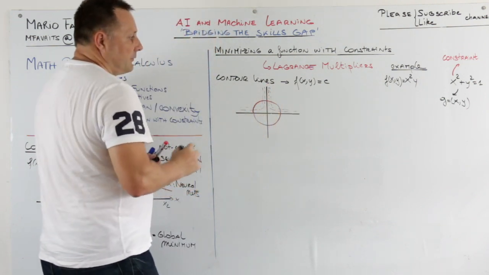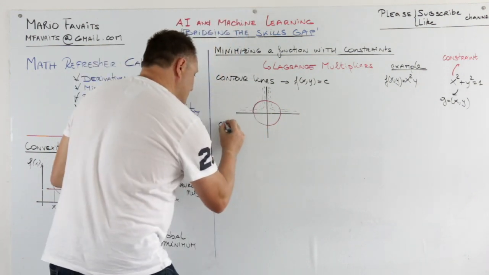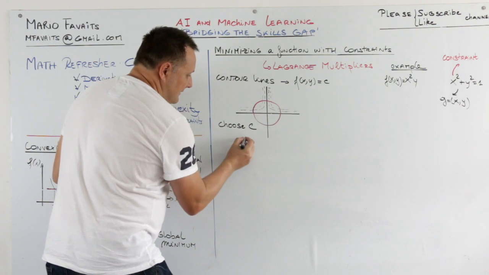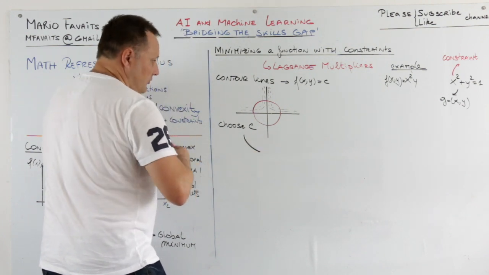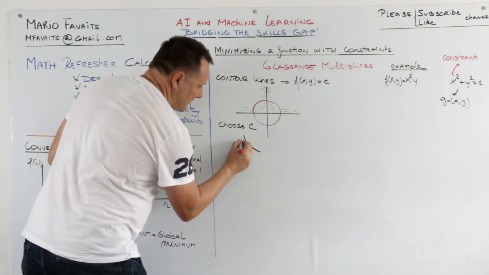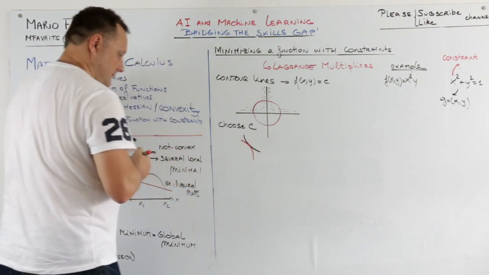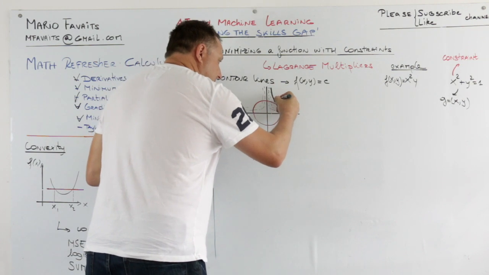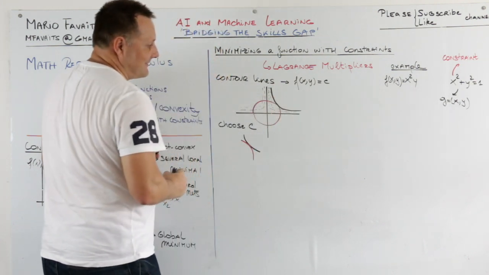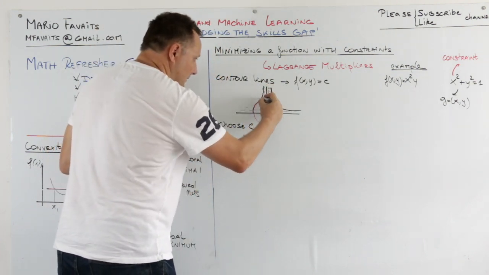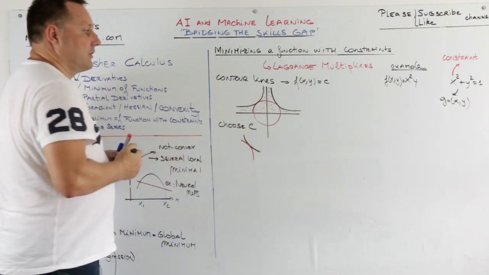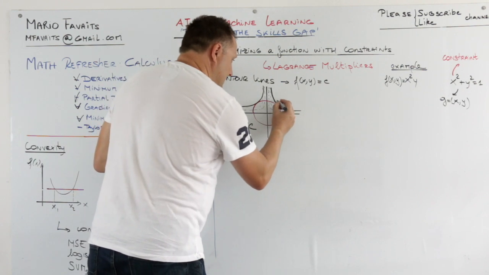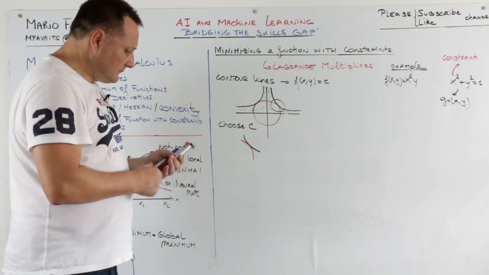So what we're going to do is choose c so that the contour lines kiss each other. So that's basically the c that draws this line. Here you go. So this here is what we see in this area.